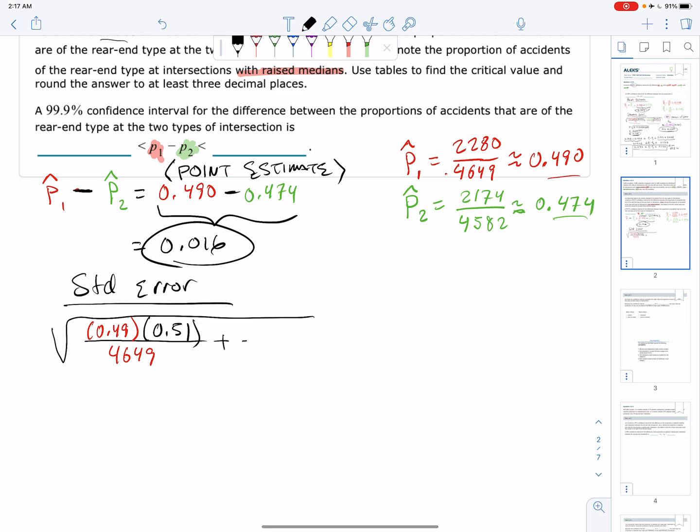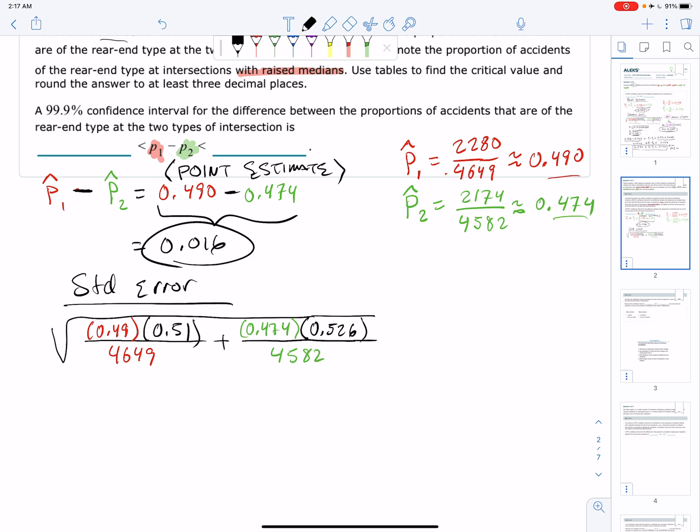Let's go ahead and add that to the information from our second sample. The sample proportion from our second sample is 0.474, and we need to multiply that by its complement. So 1 minus that is now 0.526. That gets divided by our sample size from the second sample, which was 4,582.